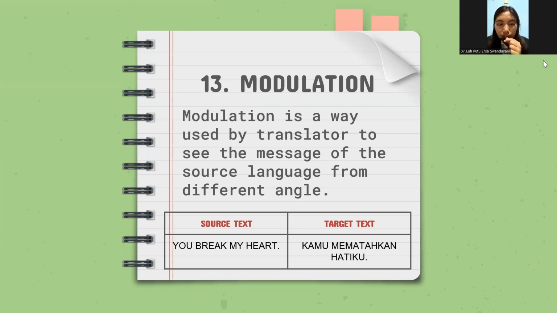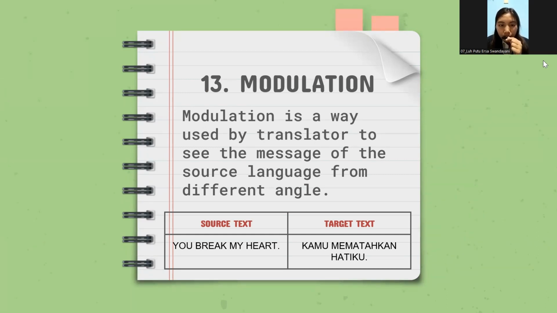Modulation has the function to shift the meaning of the language in a sentence to be translated, so the message of the source text can be clearly understood by the target reader. Shifting here means changing the point of view of the text.